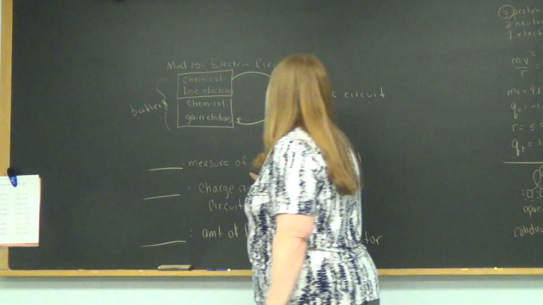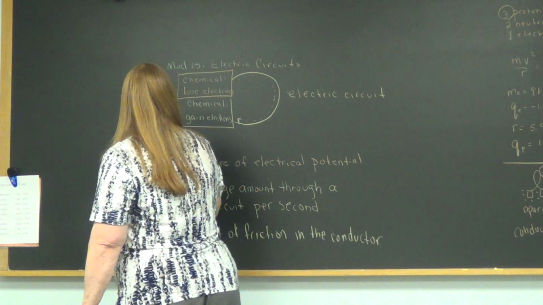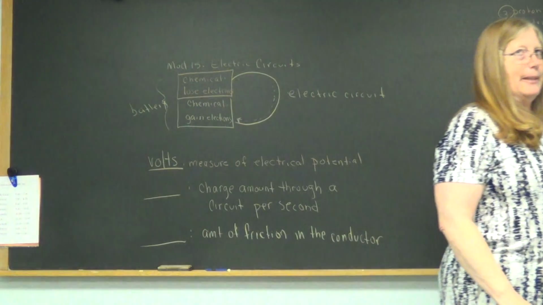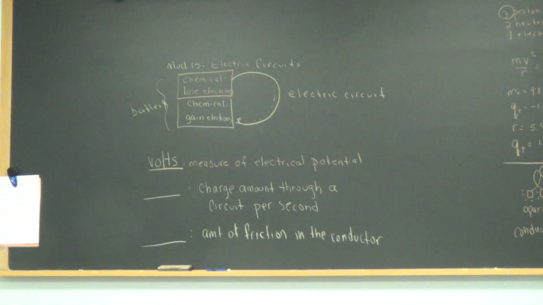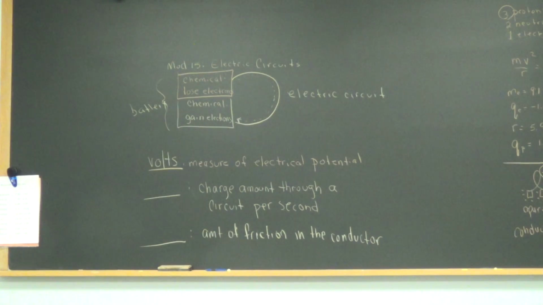So a measure of electric potential is volts. The word electrical potential could best be realized by thinking of it in terms of water. Suppose we had water in a hose, and that hose is hooked up to a tank, and we pressurize the water in the tank.